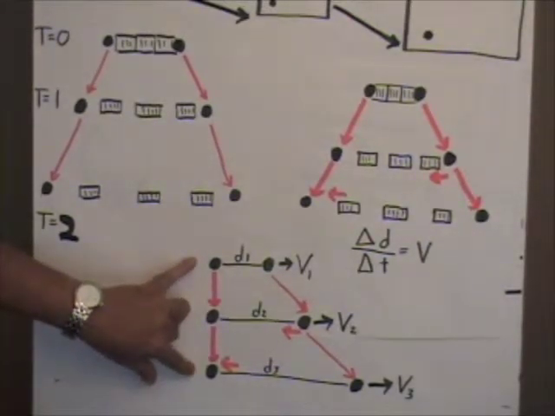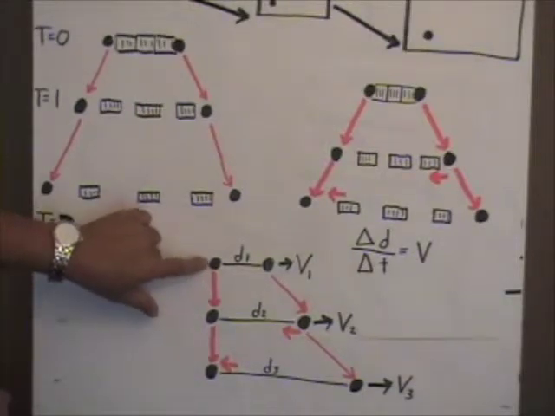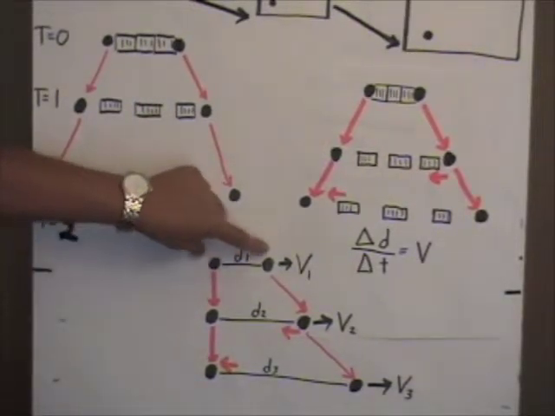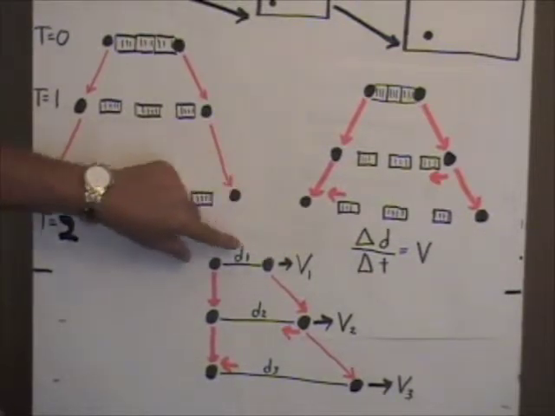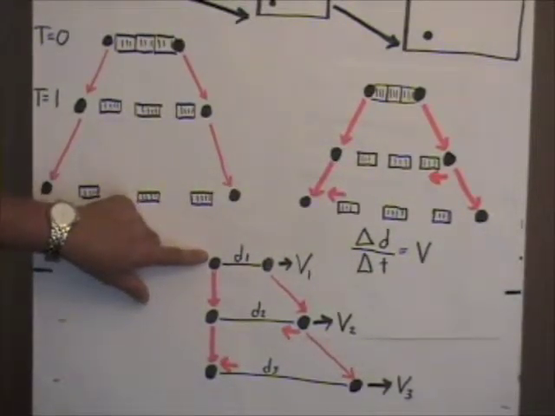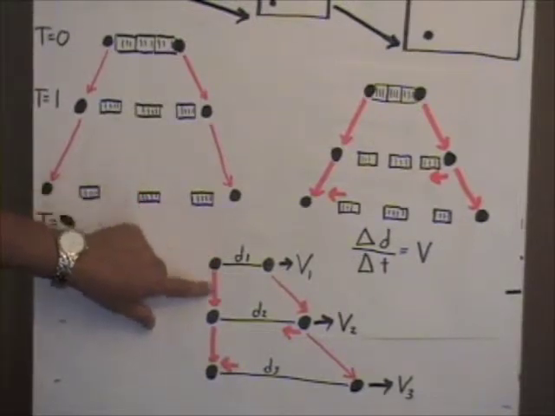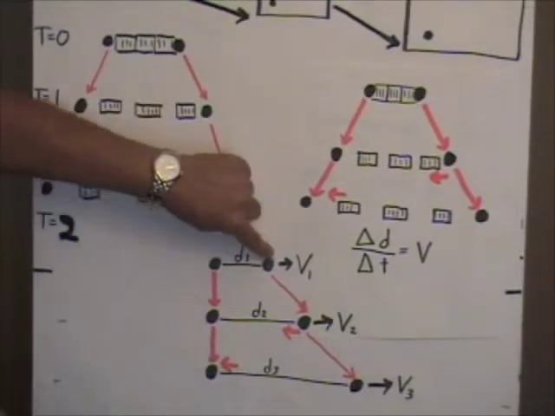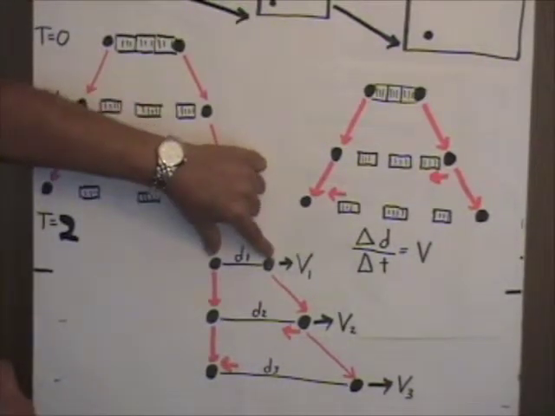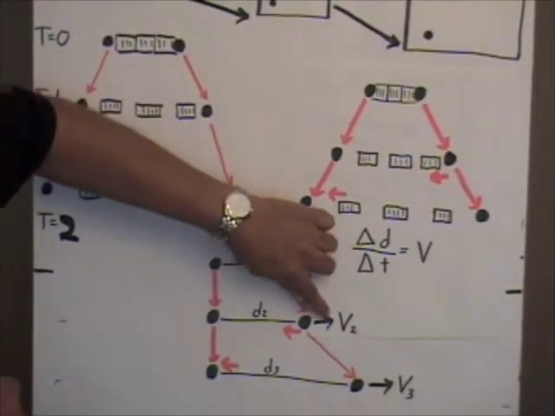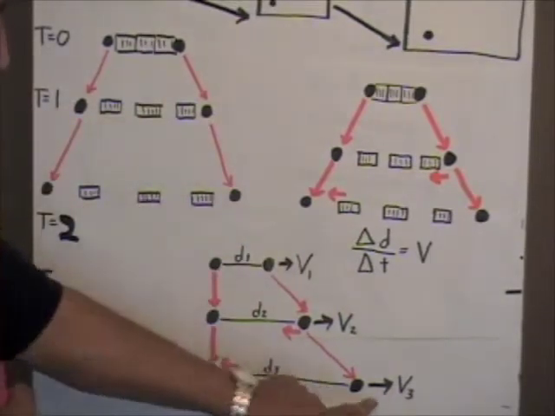This diagram also applies if we're talking about the Earth and a distant galaxy that has a recessional velocity. From the frame of reference of the Earth, where the Earth is not moving, the galaxy has a certain velocity at time equals 0, at time equals 1, it has a velocity, and so on.